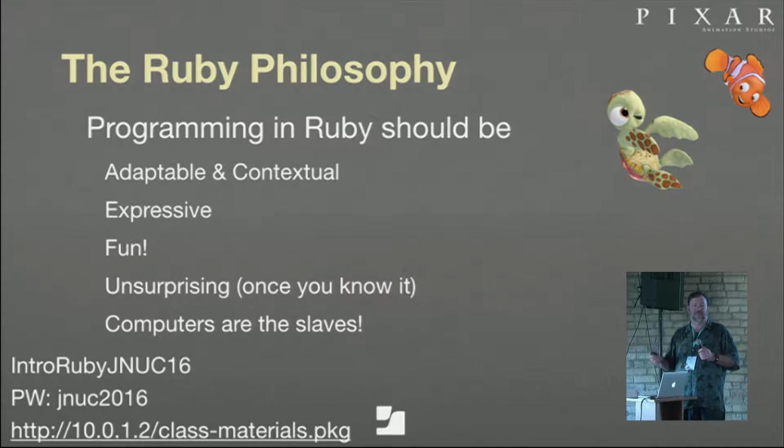It's expressive. It's fun. It is not rigid. It doesn't force you to do things in a certain way. It intentionally has lots of ways to do certain things because context is important. The creator of Ruby said computers are the slaves, meaning we should not have to adapt ourselves to what they want. We should make them adapt to what we want.